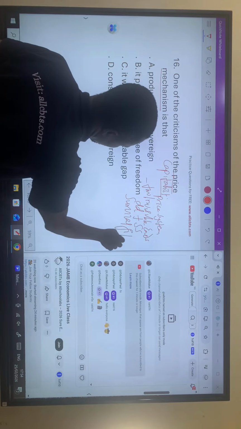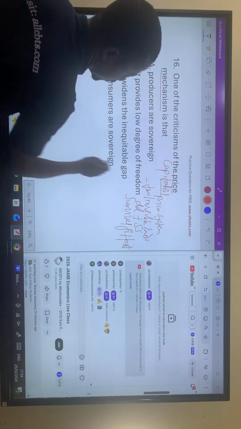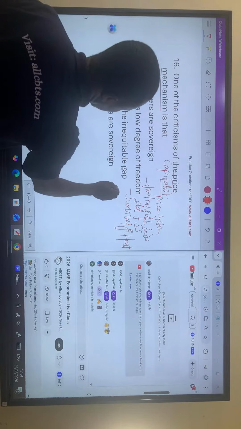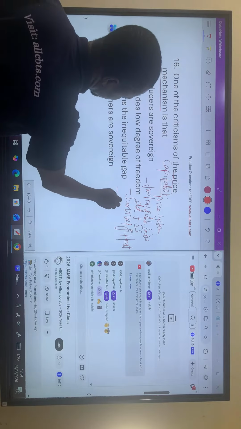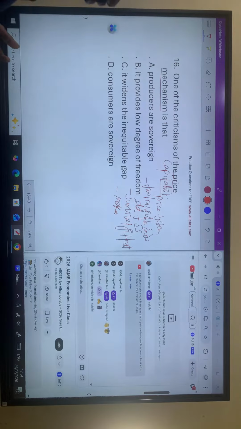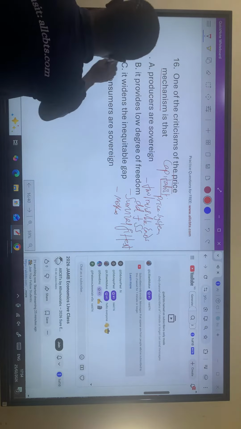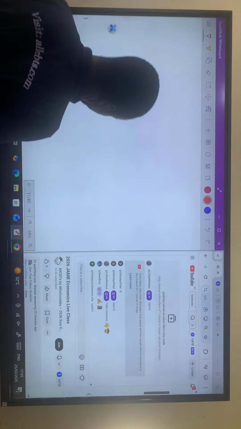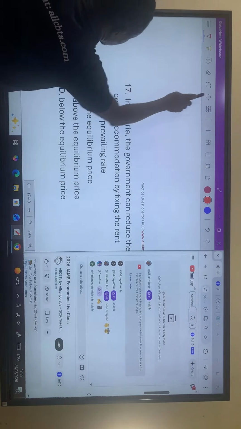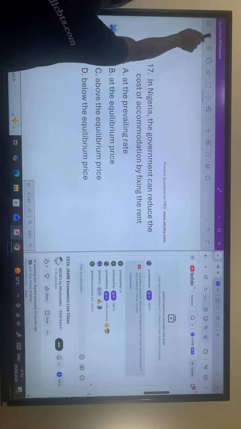Okay? And this is one of the criticisms against this system of capitalism, where the capitalist makes profits at the expense of human life. They don't care. They just believe in abnormal profits. So it's an inequitable gap. Alright? So we cannot get to equitability at that point.